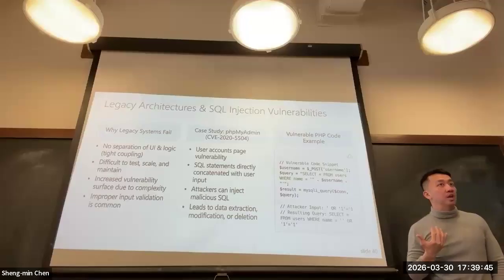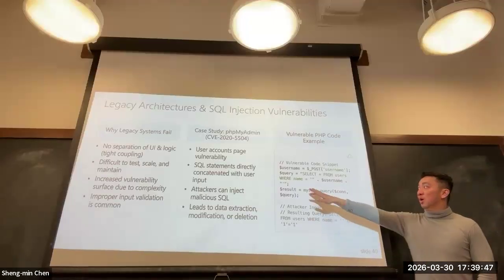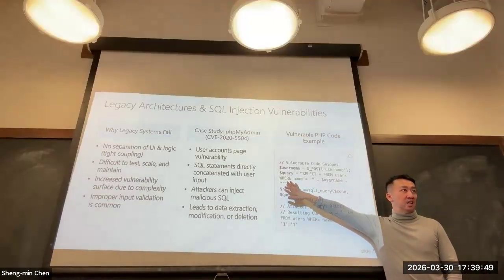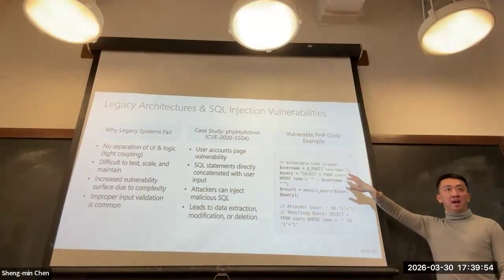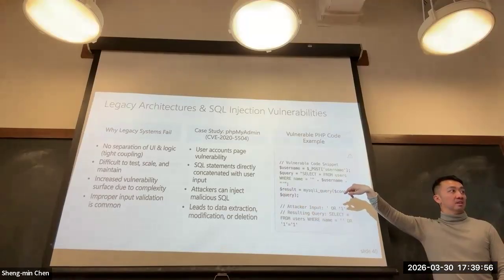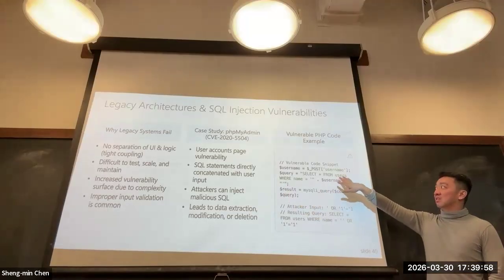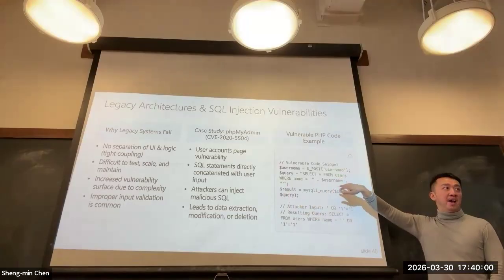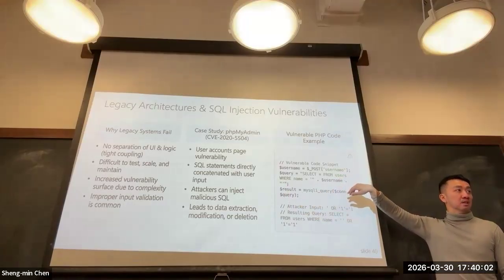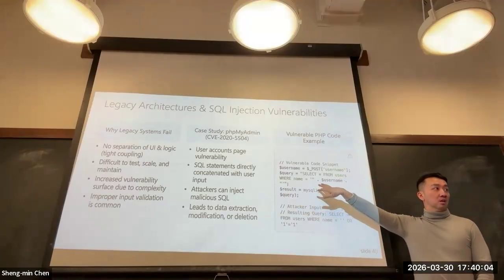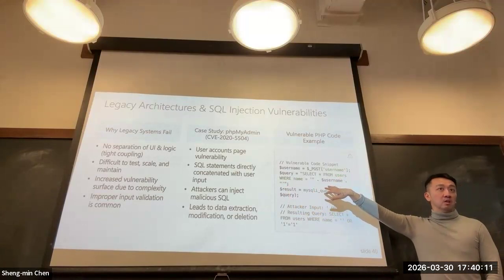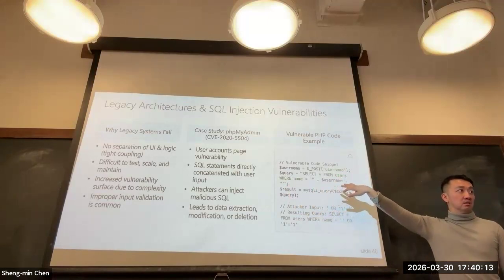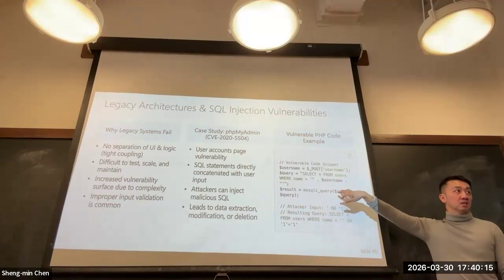If I say or 1 equal to 1, then this where clause is always going to be successful, right? On top of that, after 1 equal to 1, I put a semicolon, and I do select star, a select password from users, where 2 equal to 2. Semicolon, select credit card numbers from users.